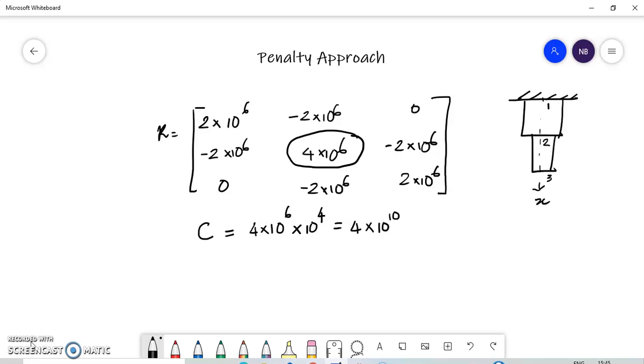So K will be, we have to add it here, so it will be 2 into 10 to the power 6 plus 4 into 10 to the power 10. The remaining terms remain unaffected.